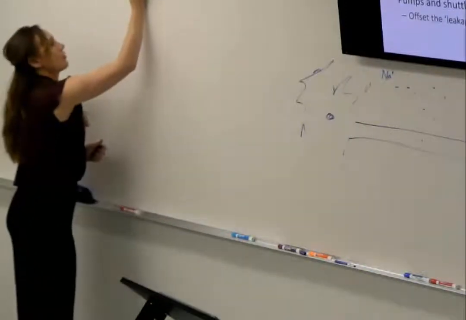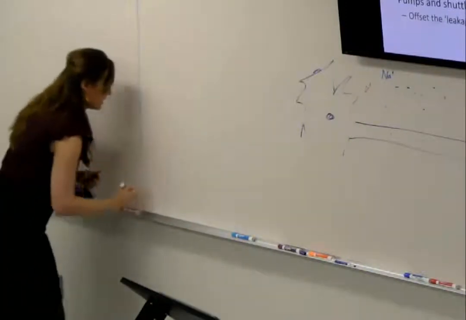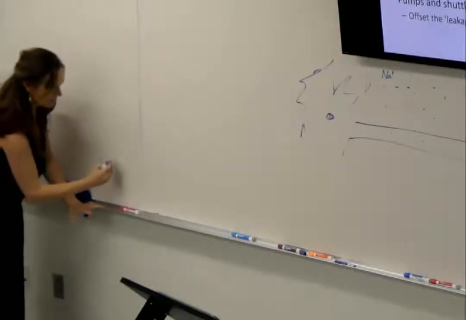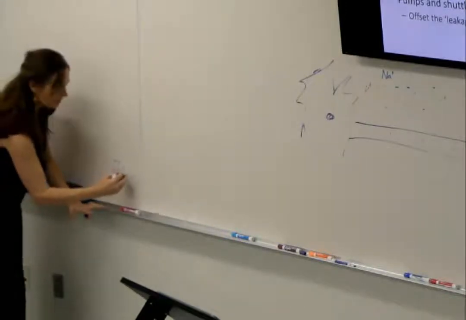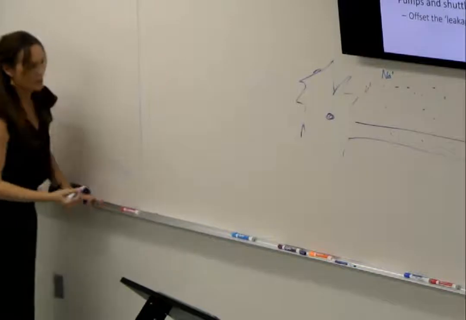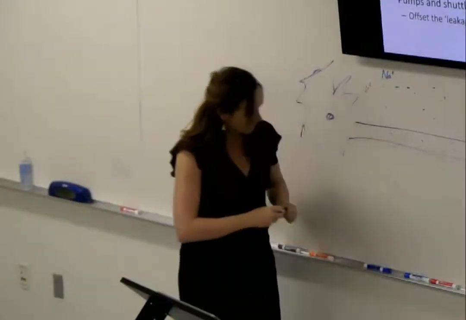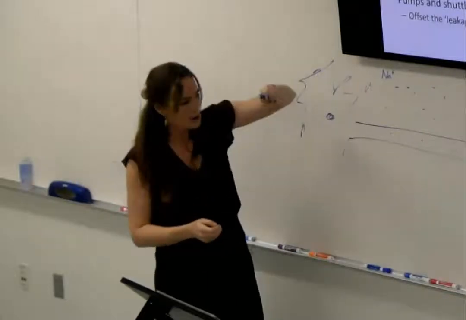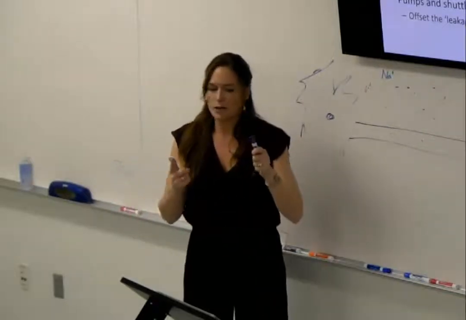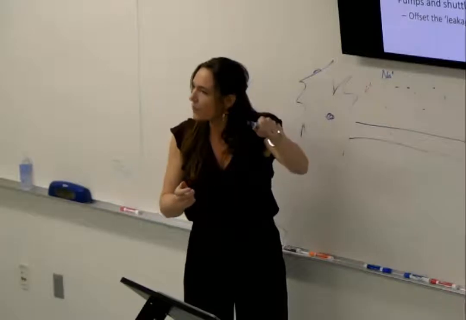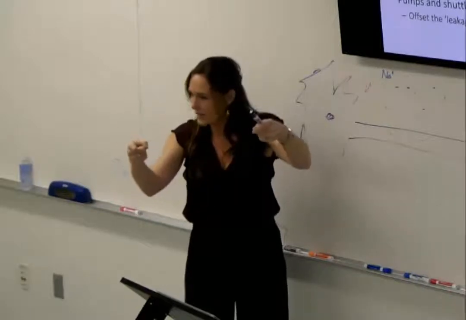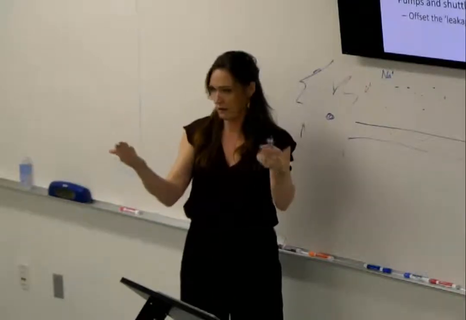So I'm going to draw a graph over here. We have here, so at like minus 70 millivolts, if we were to put a little probe in here, like if I'm measuring the battery and I put one little probe at the positive end and another little probe at the negative end, I could measure the voltage of the battery, right?